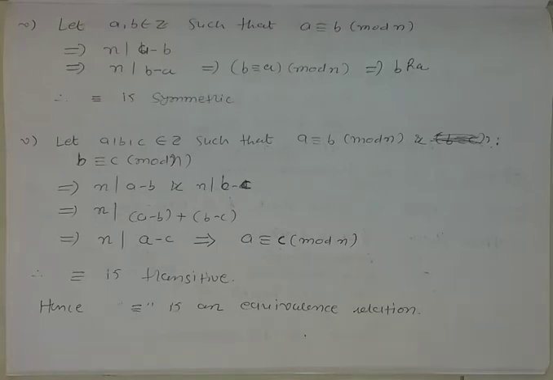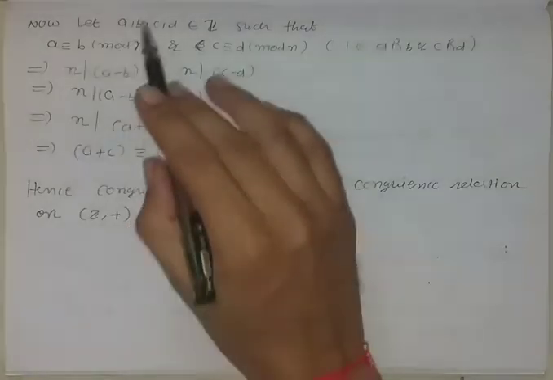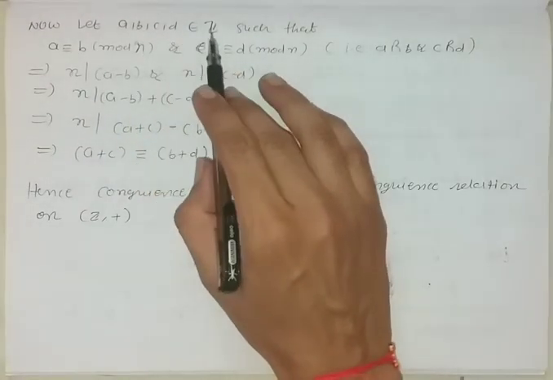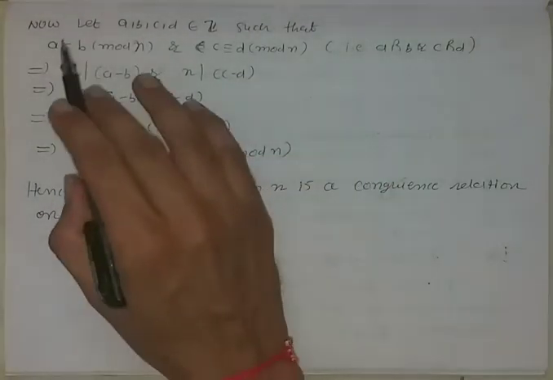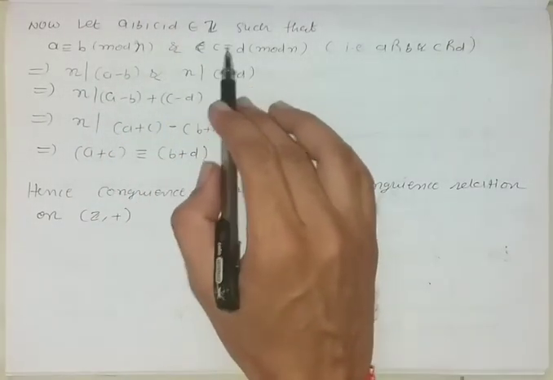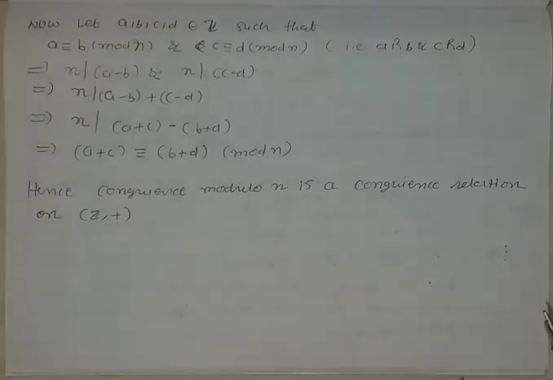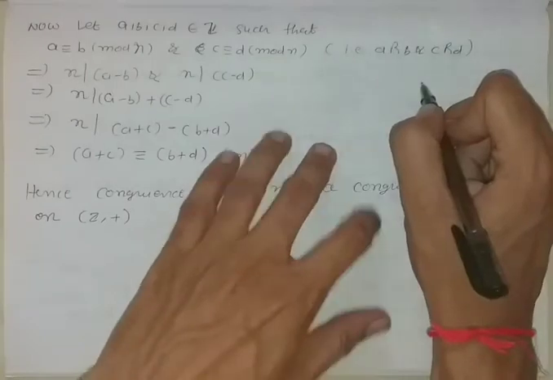Now we show our second property. For that, consider four elements A, B, C and D belonging to Z such that A is congruent to B modulo N and C is congruent to D modulo N. Now what is our aim? Our aim is to show that for the given semigroup, what is our semigroup?